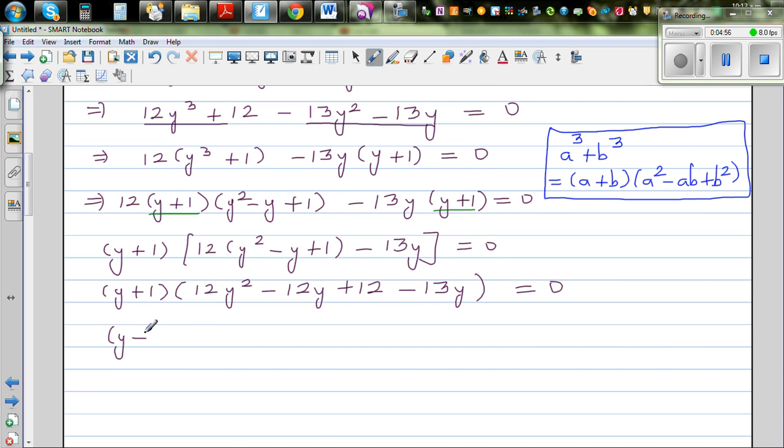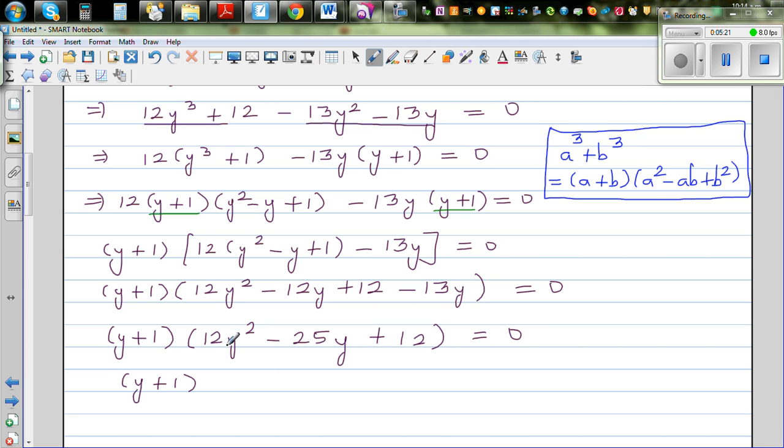So this is y plus 1 times 12y squared minus 25y plus 12 equal to 0.